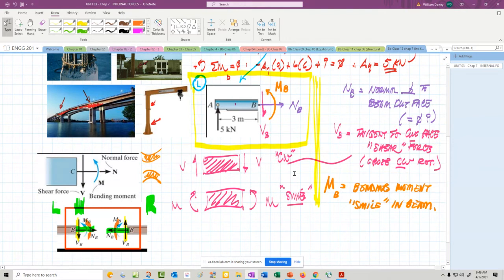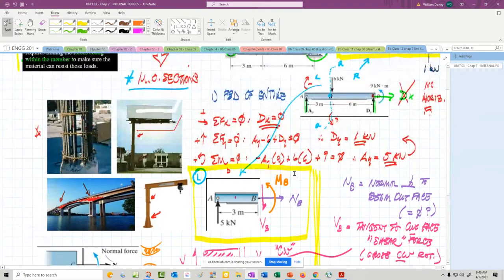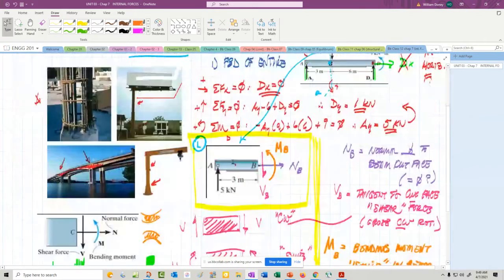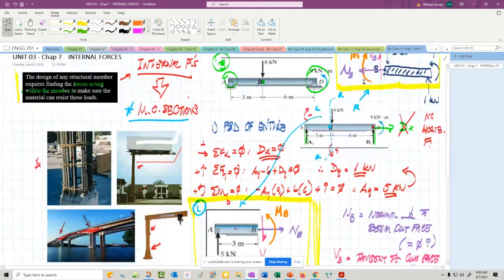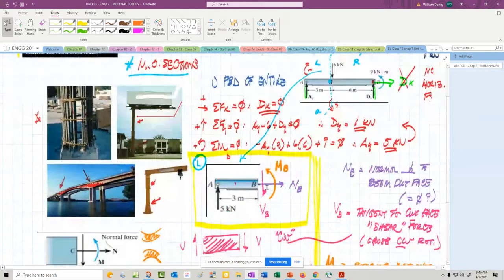Now the question may come up, which one do we use? Do I use the left section or the right section? At that point, it's typically easier to use the left section because everything is measured positive from left to right.